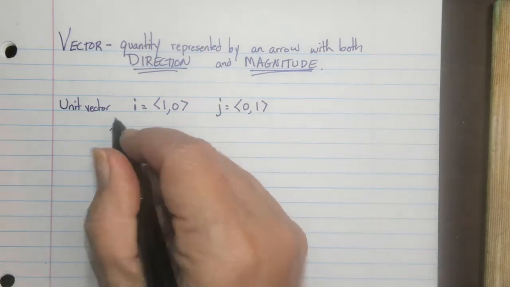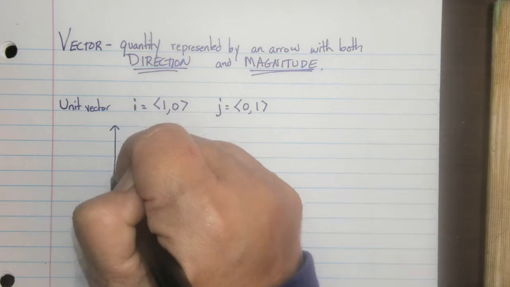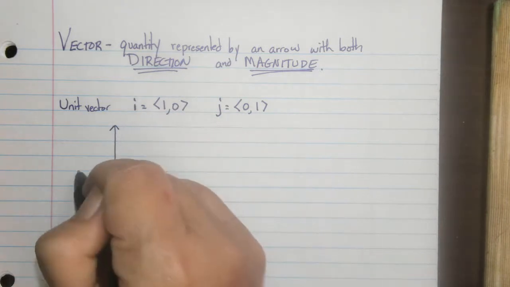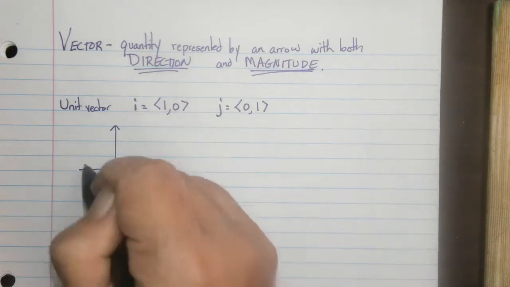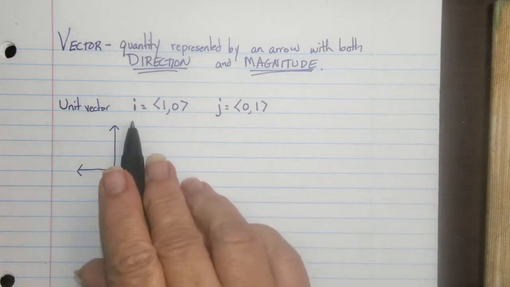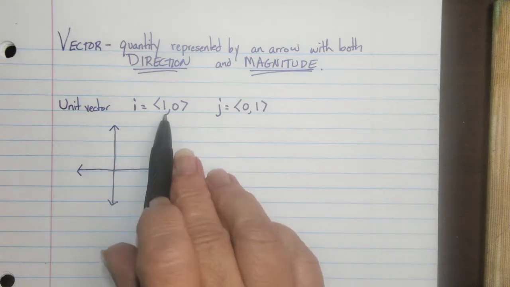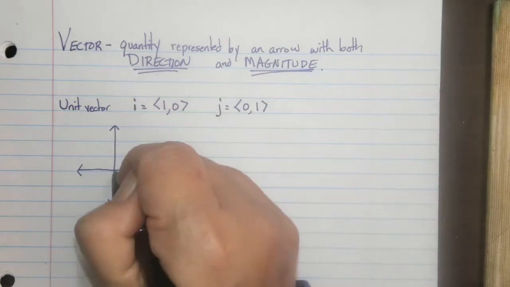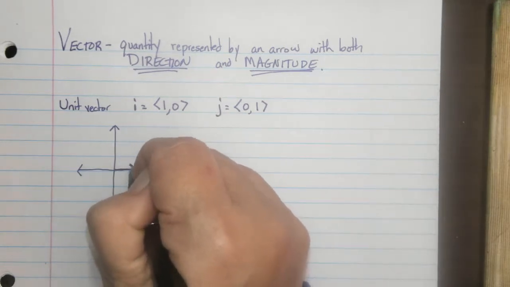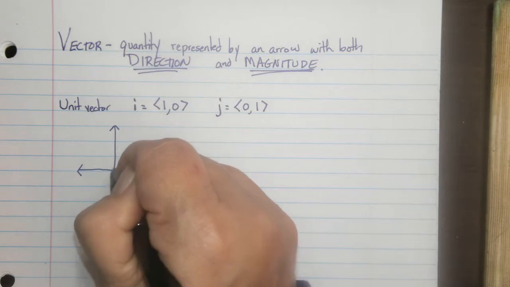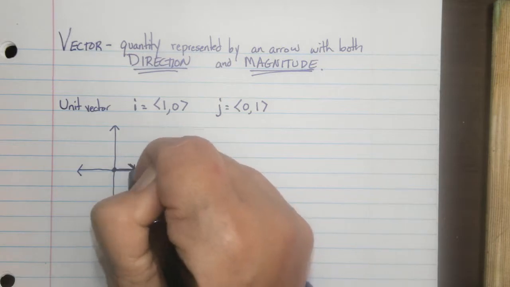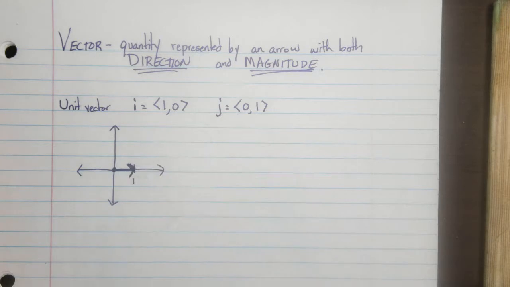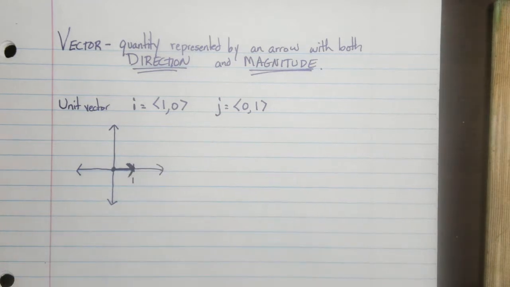So if we look at the graph of our unit vectors, unit vector i just says go 1 unit horizontal and 0 units vertical. So the horizontal unit vector i starts there at 0 and goes to here. Now with vectors, we put an arrow at the end.